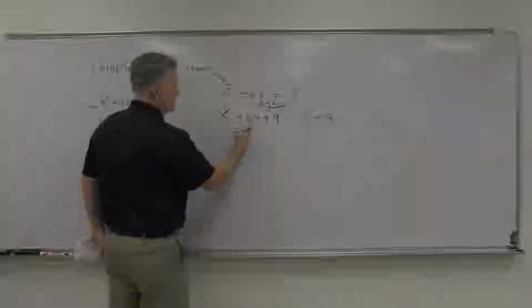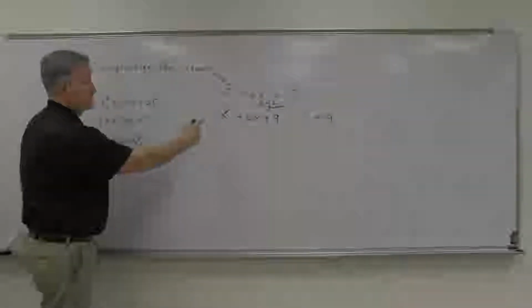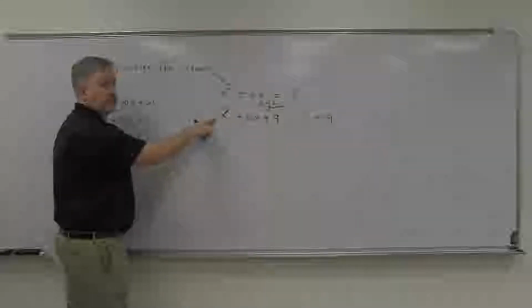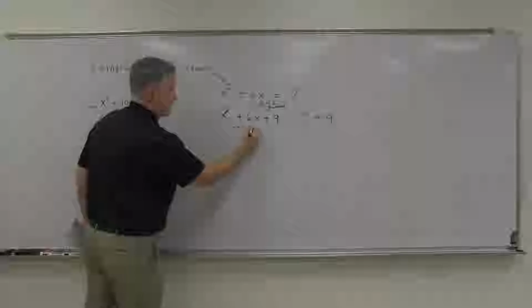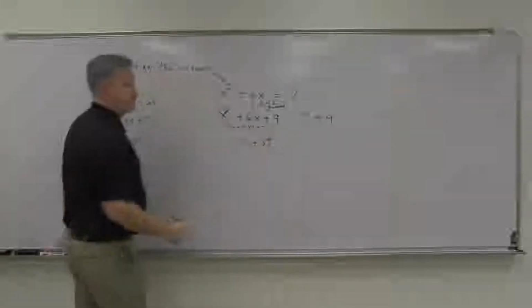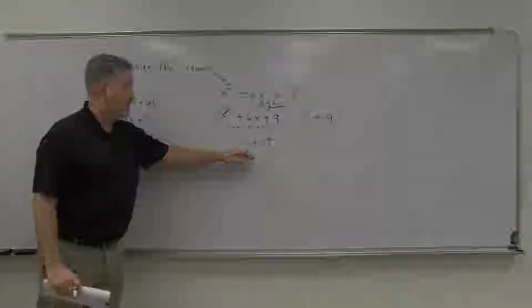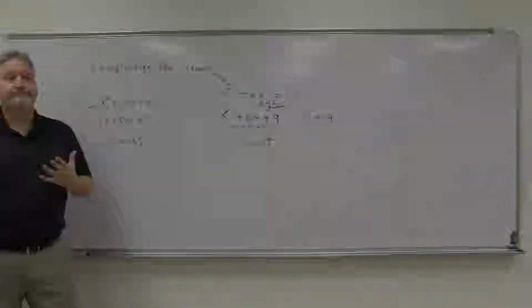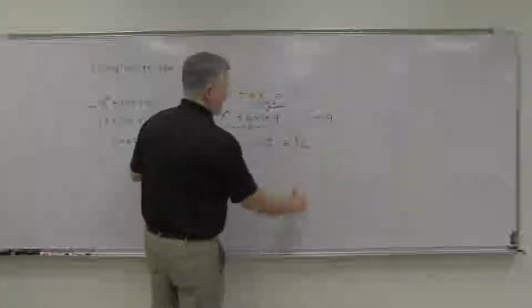And so that gives me, if you'll notice here, the perfect square, doesn't it? Because how does this factor? It would be x plus 3, so that's x plus 3 squared. And that's the whole reason for adding the 9 there, it makes it a perfect square trinomial. And then that equals 16.